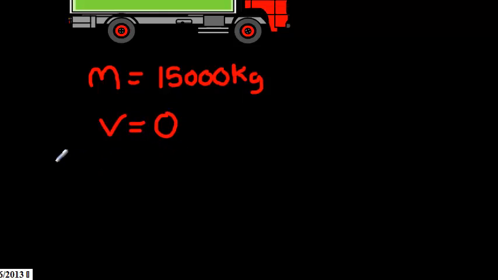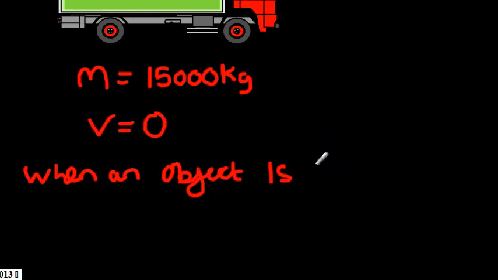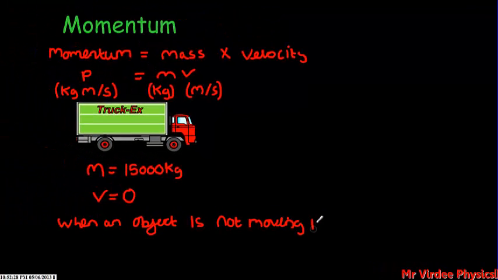Well, we know that when an object is not moving, it doesn't have any momentum, so its momentum is 0.